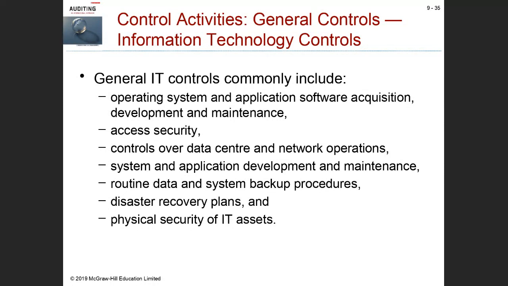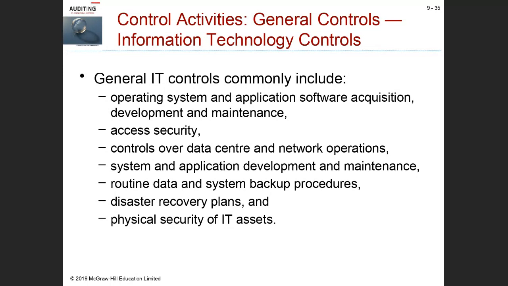So we have what we call a life cycle with respect to software. How do we control the internal development of software, the acquisition of software from the outside, and how do we ensure that software is properly maintained on an ongoing basis? So we need acquisition, development, and maintenance controls regardless of whether we're talking about sales, purchases, or payroll. The general IT controls are pervasive; they affect all the detailed application systems.